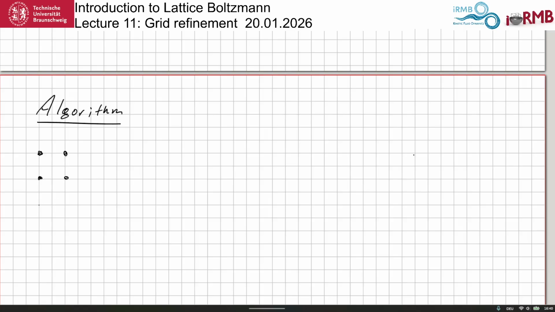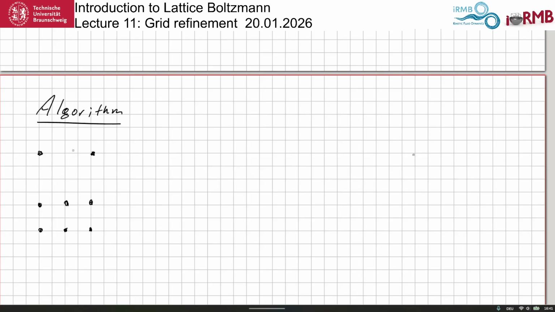So say this is my coarse grid here. How many do I need? So this is my coarse grid, and then in between my coarse grid, okay, turn the light on. Yeah, that's better.